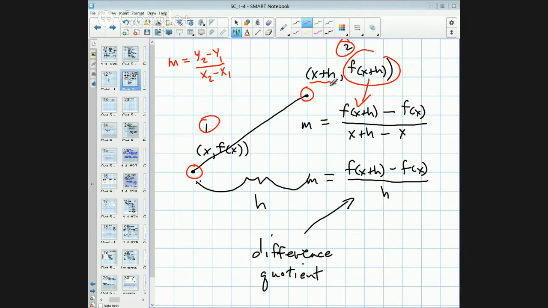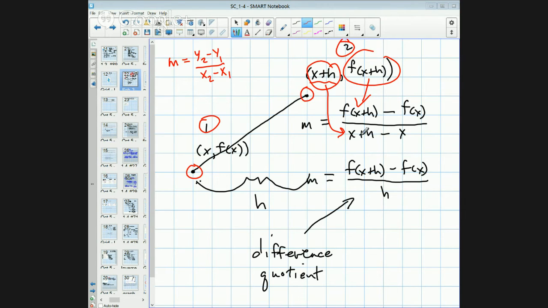Subtract the y-coordinate from the first point, f of x, over now the x-coordinate from point 2, right up there, x plus h minus the x-coordinate from point 1. Well, on top, you can't do much to simplify that.